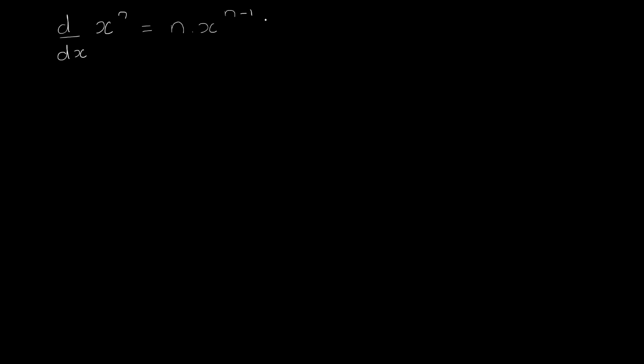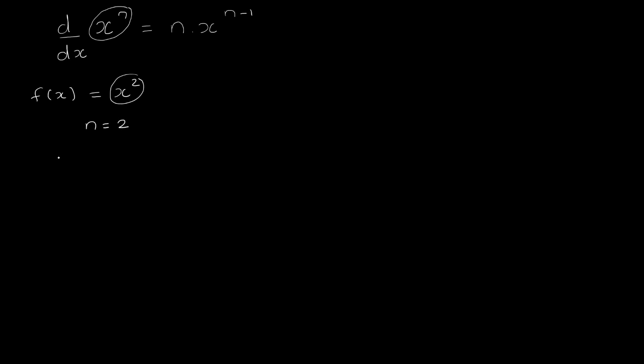What does this mean? If any function f of x is, let's say, x square, our simplest function, and you compare x square with x raised to n, n is 2 in this case.